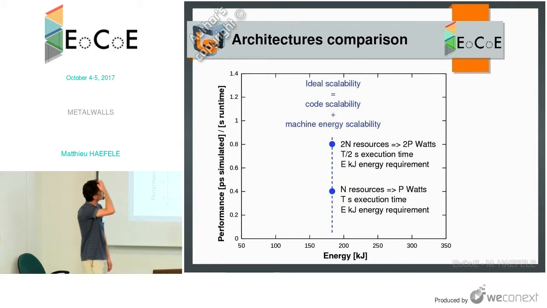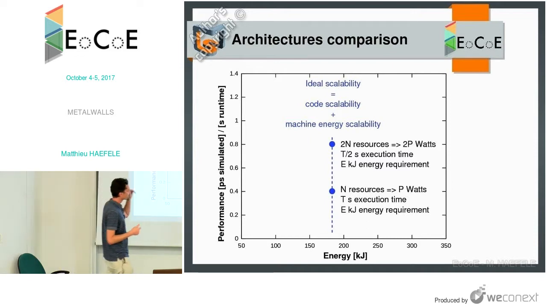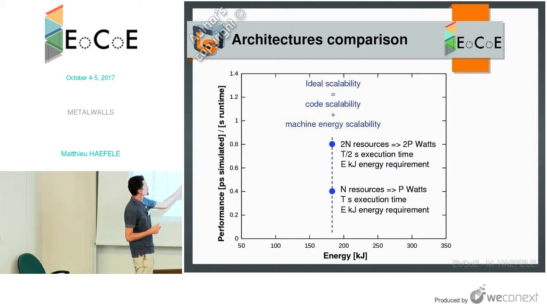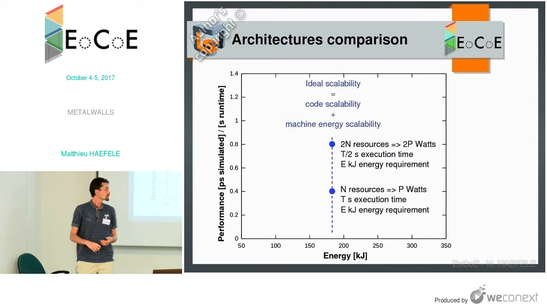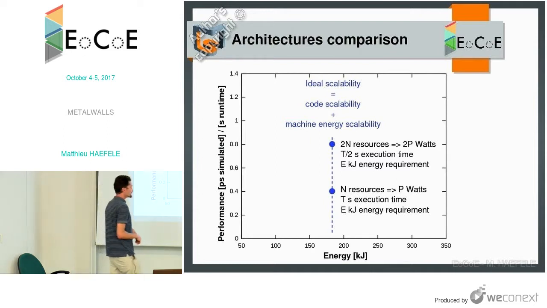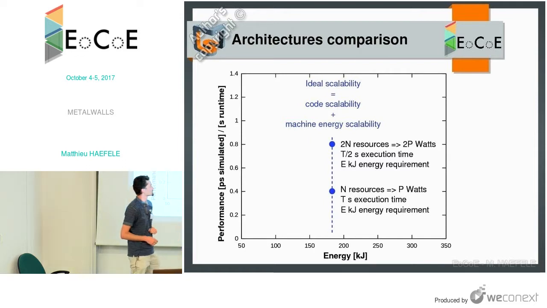How does a perfect scalability look in this plot? Basically it's a vertical line. If you consider running on n resources using p watts of power, with t seconds of execution time, then I have e kilojoules required to do my job.